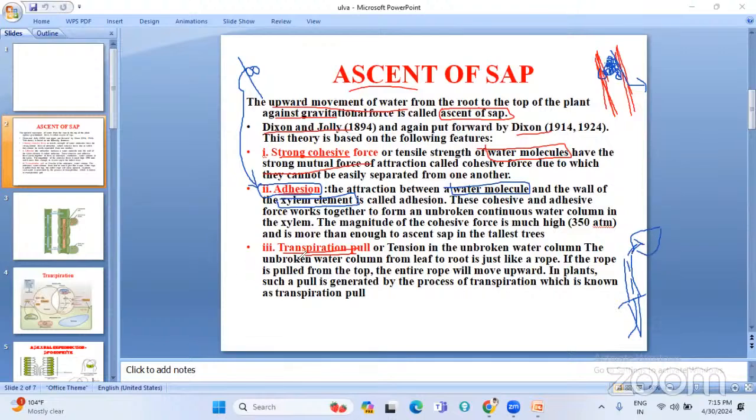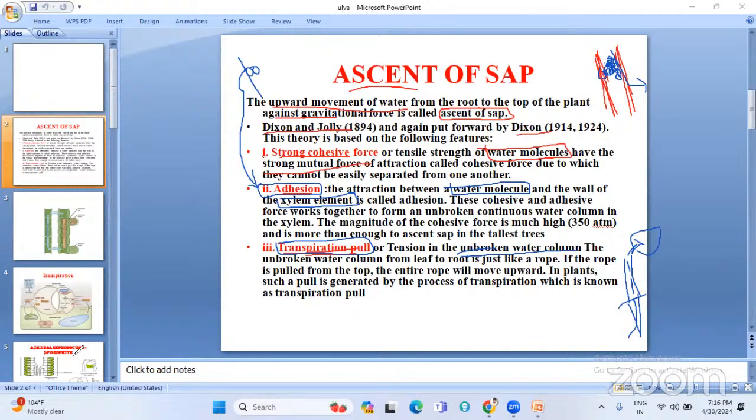The upright movement is due to one important force, that is transpiration pull, with the unbroken water column. How is the unbroken water column formed? By which force?